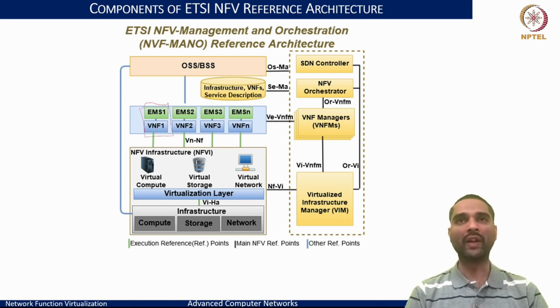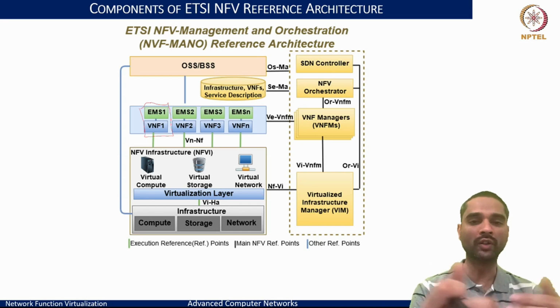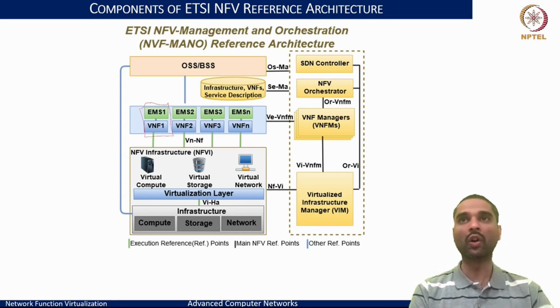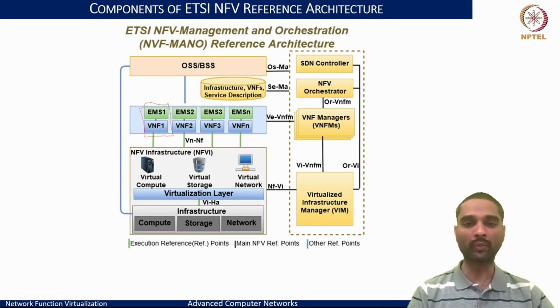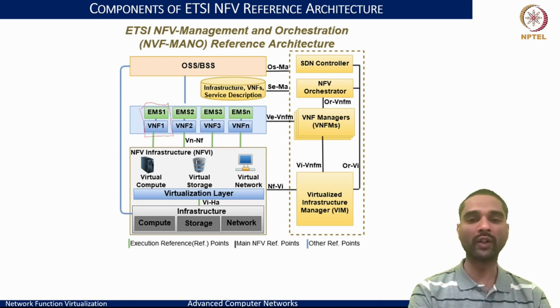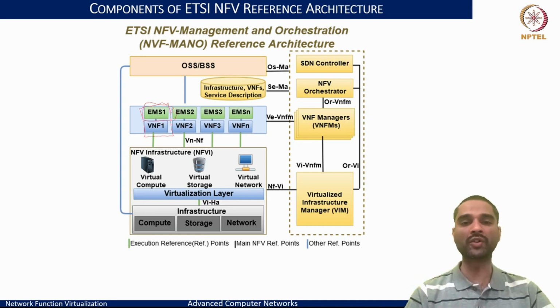And in this, by management, what we mean is to include the functions of fault management, the configurations that we need to set for VNFs, what the compute requirements, storage requirements, memory requirements are, all of these configurations that you would want to do, the performance monitoring, what are the performance characteristics that you are looking for, what are the SLAs that this VNF needs to be supporting, and what are the security constraints in terms of access control, authorization aspects. All of these configurations can be plumbed into what we call as the element management systems.